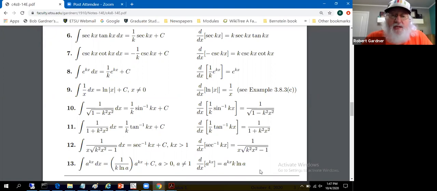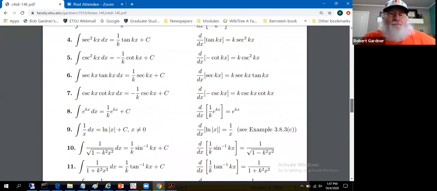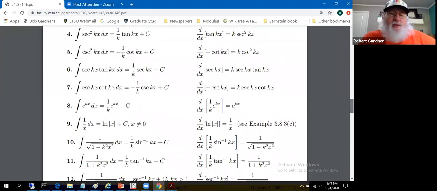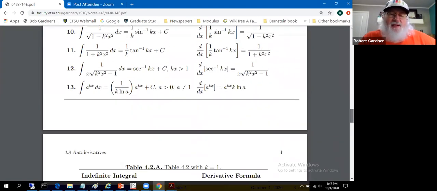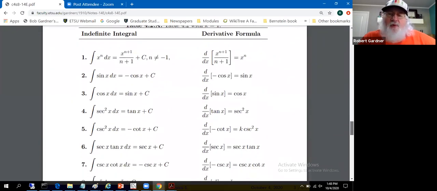We could also deal with logarithms to bases other than e as well. They didn't include that in the list, so neither did I. But here's a list of 13 things, 13 formulas. They're all cluttered with these k parameters. I think it's a little bit cleaner just to set k equal to 1. And these look a touch more familiar.